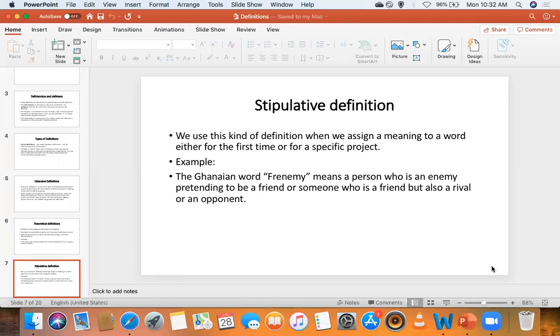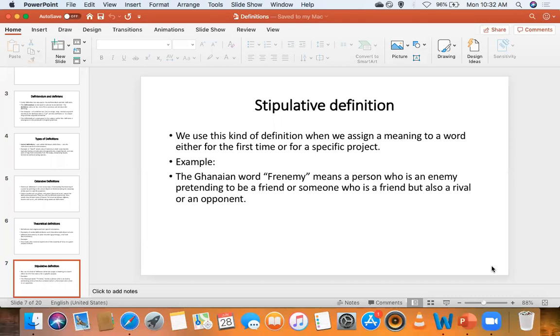So for example, the Ghanaian word frenemy means a person who is an enemy pretending to be a friend, or someone who is a friend but also a rival or an opponent. So you can say that that's a stipulative definition.